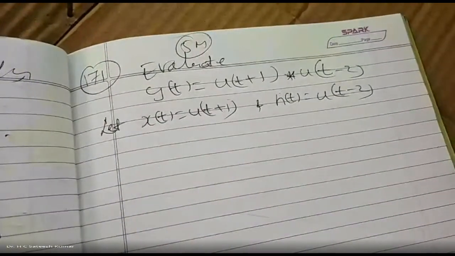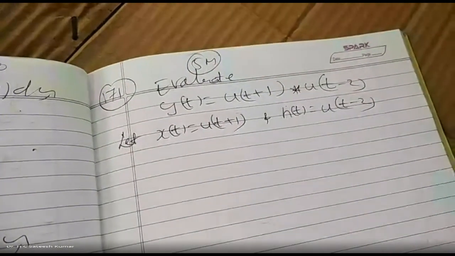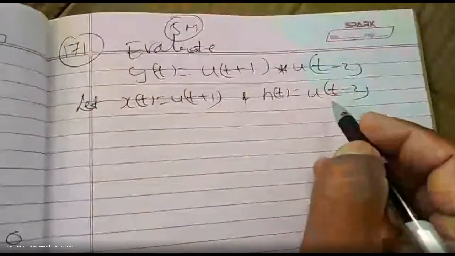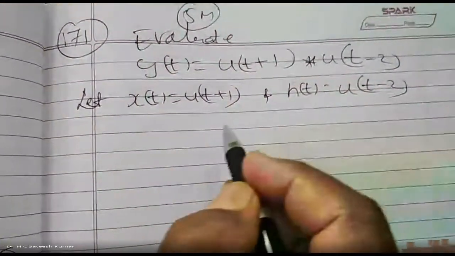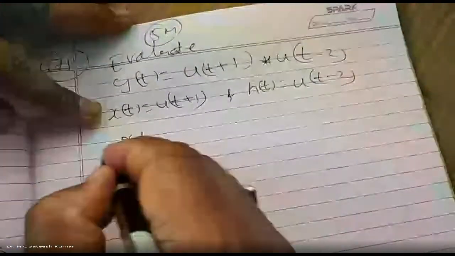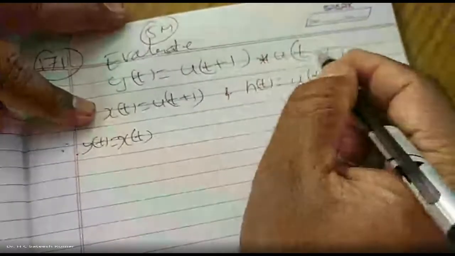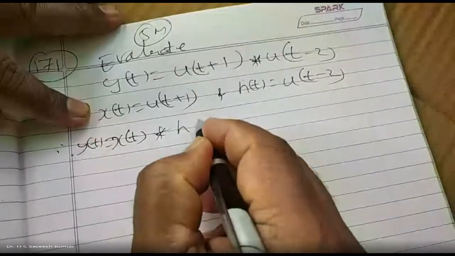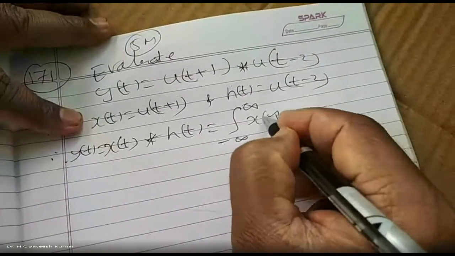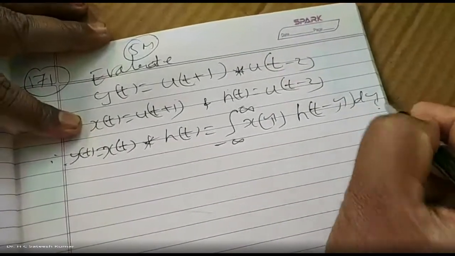So now the same formula. Let y of t be equal to x of t convolution h of t, which is equal to the integration from minus infinity to plus infinity of x of tau into h of t minus tau d tau.